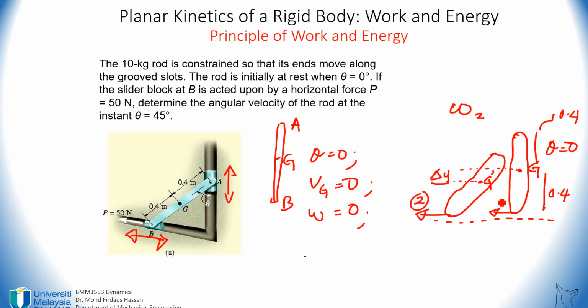And this is point 1. So you have to know the distance from point 2 to point 1, delta S. That's the most important thing, because this external force creates the motion.